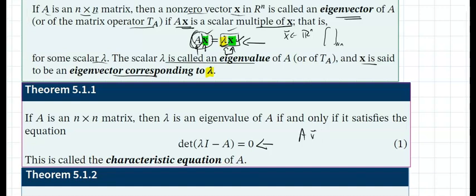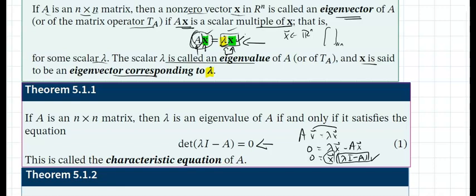Solving Ax equals lambda x, I could say 0 equals lambda x minus Ax, or simply 0 equals (lambda I minus A) times x. And we already know x cannot be 0. It must be that this is 0. This is also a lot of work. I'll show that as well.